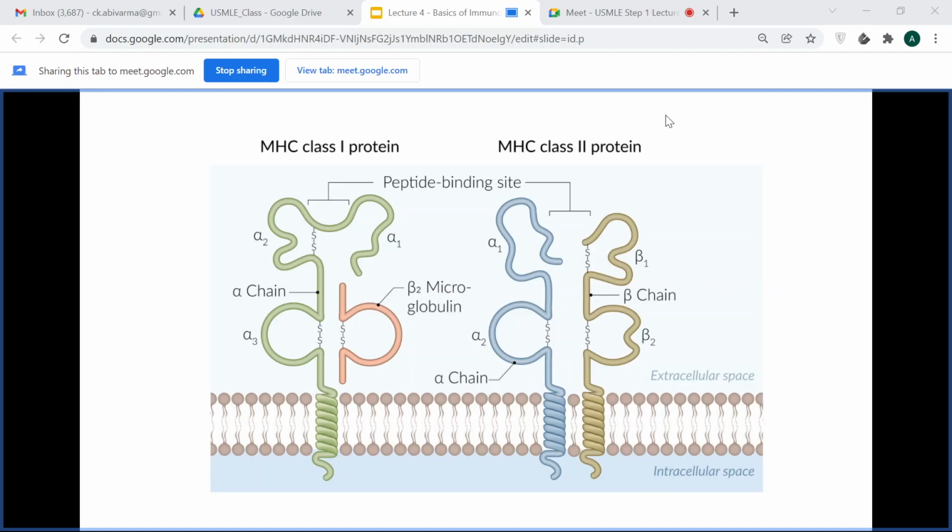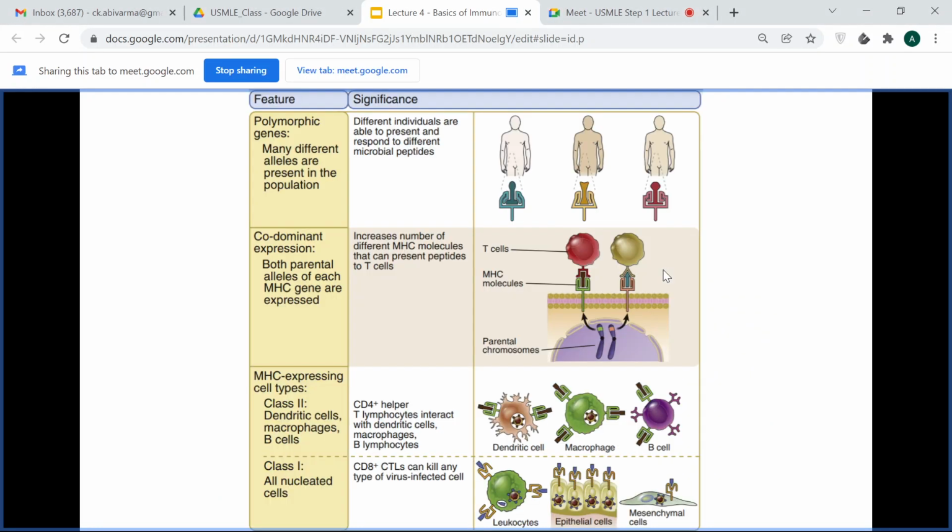I'll just go over some of the main reasons why MHC provides an advantage, why we use this kind of system in our immune system. One of the features is that the genes that encode for MHC molecules are polymorphic. You might have heard this in genetics before.